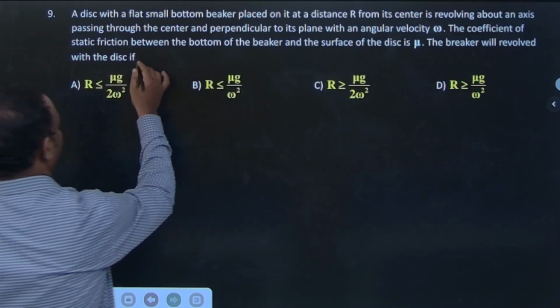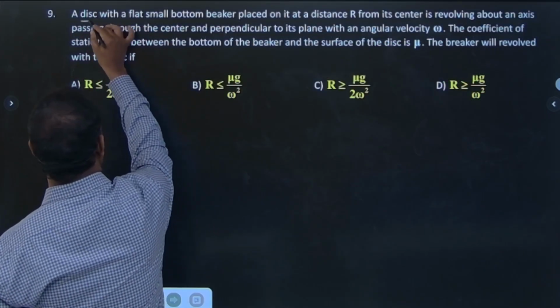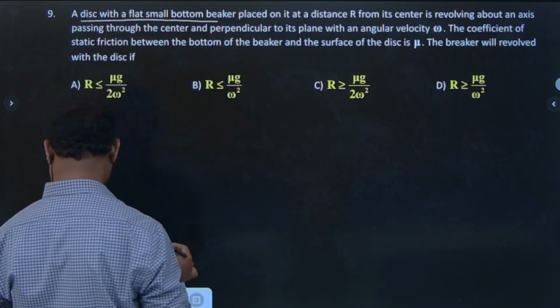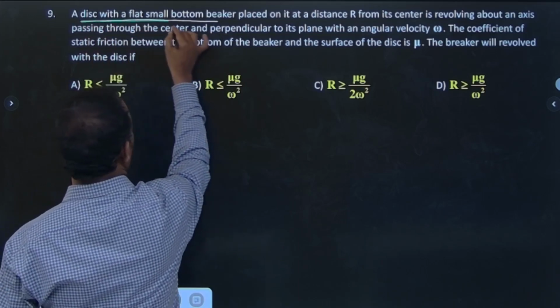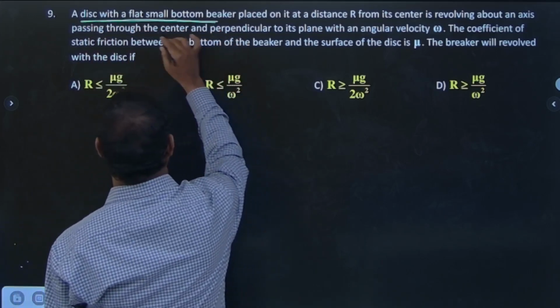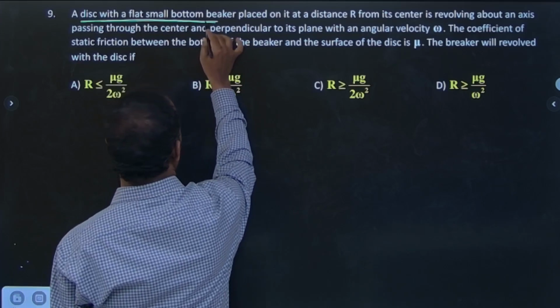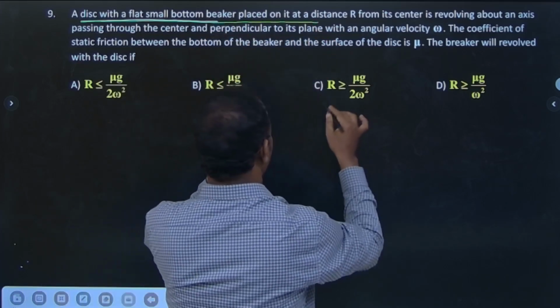A disc with a small flat bottom beaker placed on it at a distance r.